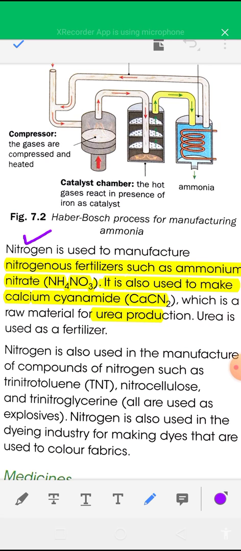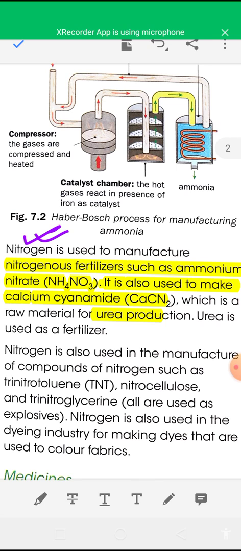So nitrogen is indirectly used as a fertilizer because it is used to manufacture different nitrogenous fertilizers like ammonium nitrate, calcium cyanamide and urea.